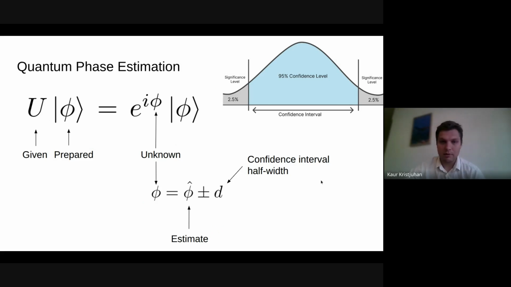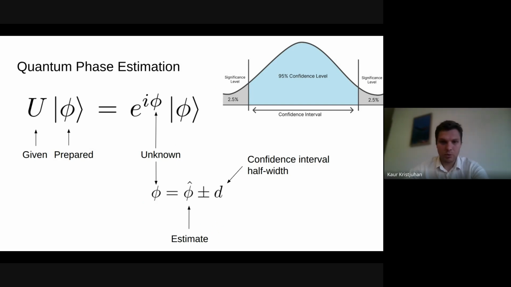So we have a confidence level, which is typically something high, like 95%, 99%. And then corresponding to that confidence level, you'll have a confidence interval, which will say how large the span is between your estimate and the answer for that given confidence level.